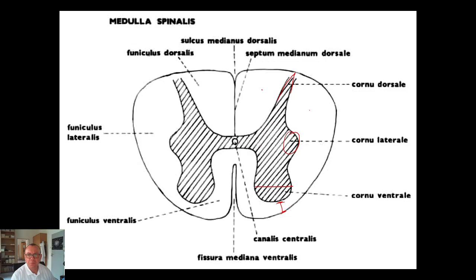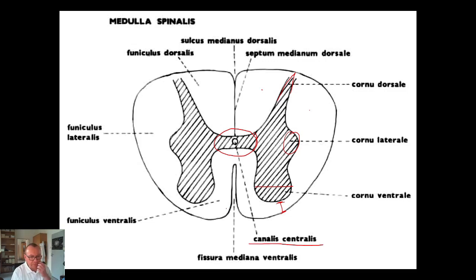Gray matter is situated also in the central area of the spinal cord, around the central canal. Central canal belongs to the hollow spaces, or to the system of spaces in the central nervous system, together with ventricles.